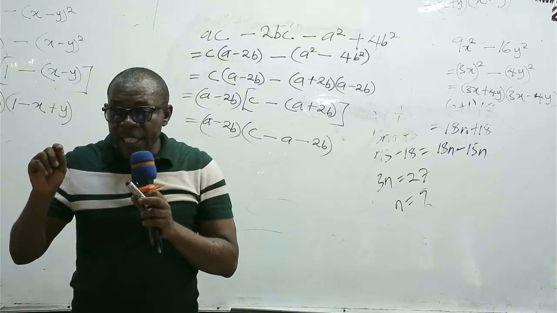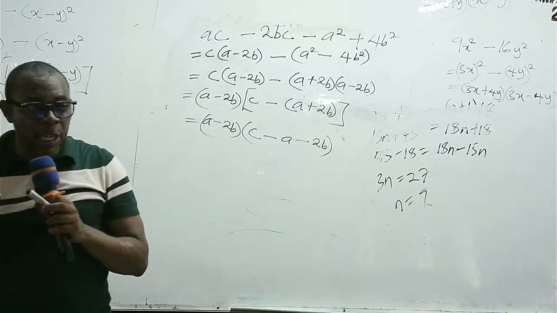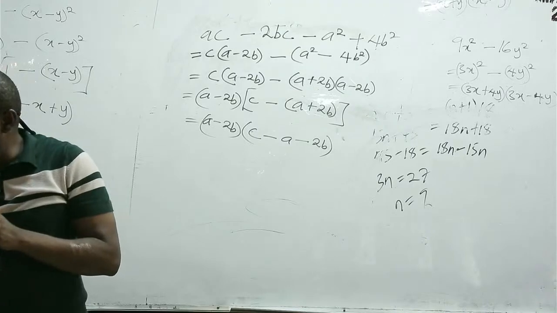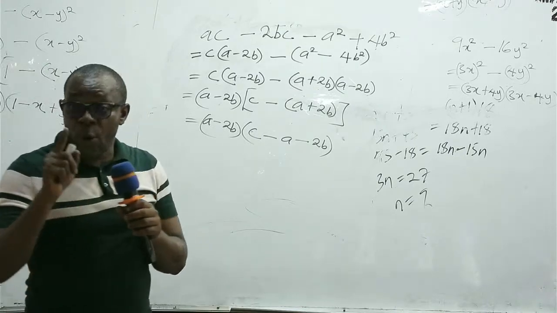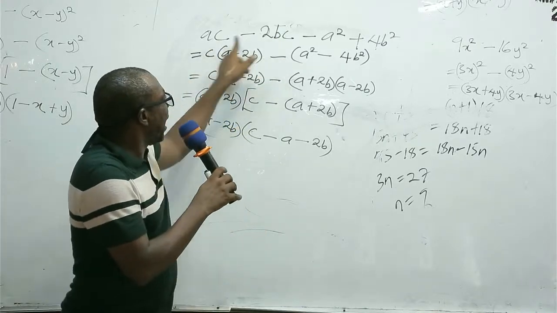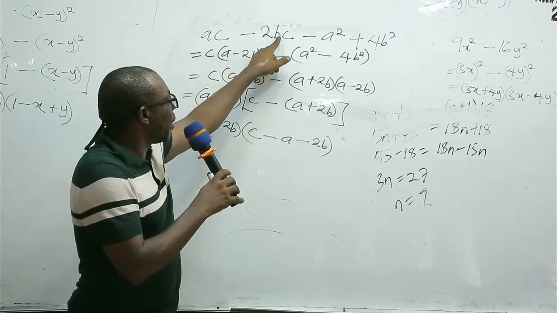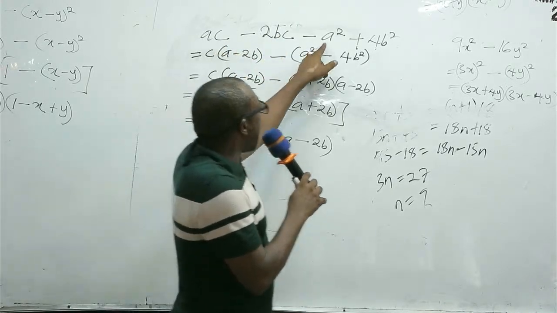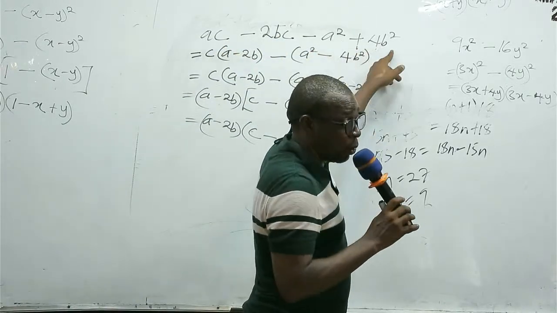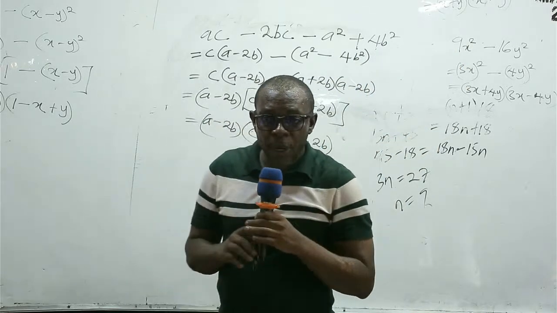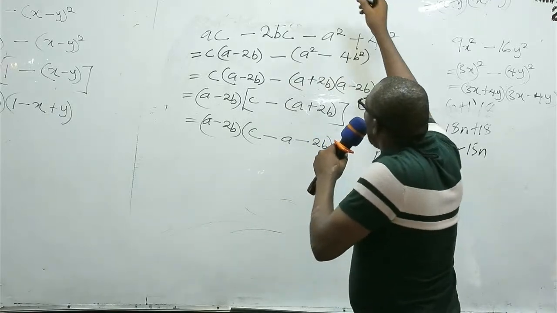But the moment I saw the question, I knew something was wrong somewhere. Are you with me? You are going to know. Look at it. If you look at this pair, do they have something in common? What is common? C is common. Look at this pair. Do they have anything in common? No. Nothing is common. Even if you regroup, let's regroup it.